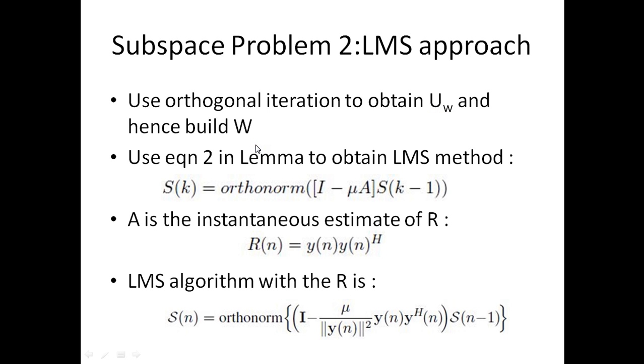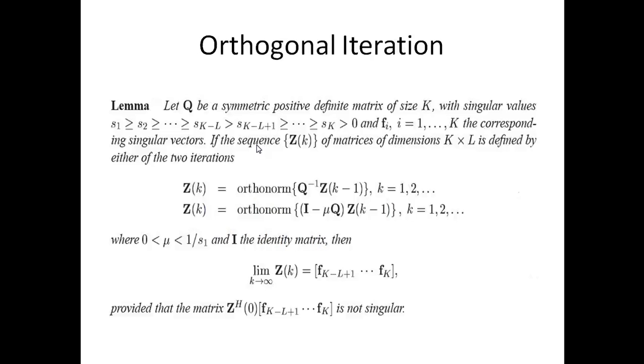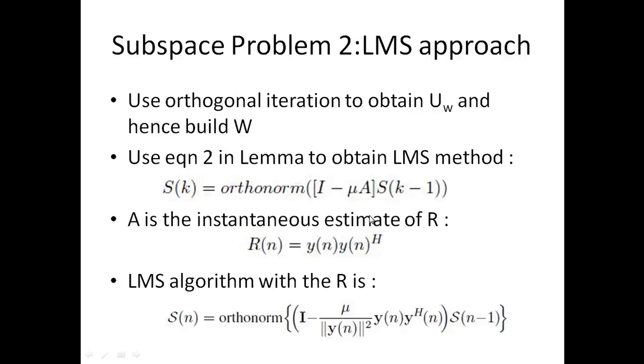Using equation 2 in the lemma, that is z of k is equal to orthonorm of I minus mu q into z of k minus 1, we can form a parallel to solve this problem, where A is replaced by the instantaneous estimate of the autocorrelation matrix, which is y of n into y of n Hermitian, and when that is done, we will end up with this equation for the updation of u of w.